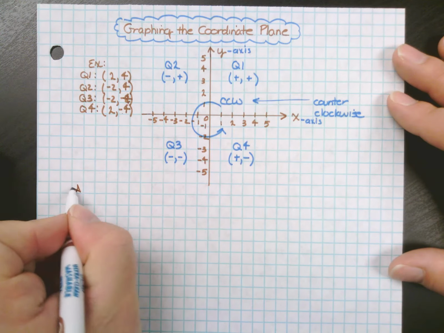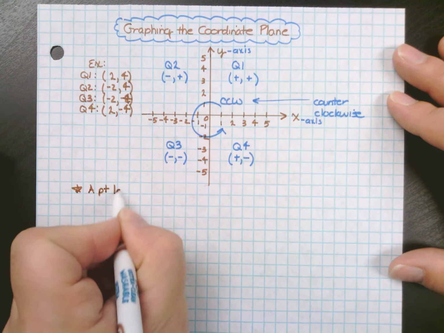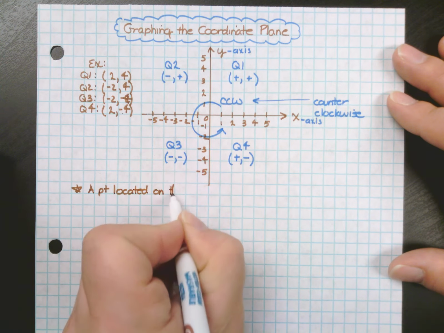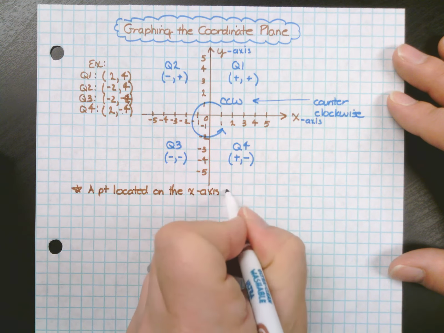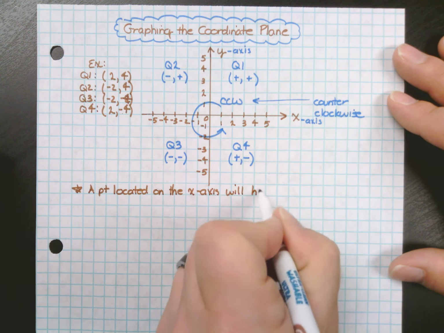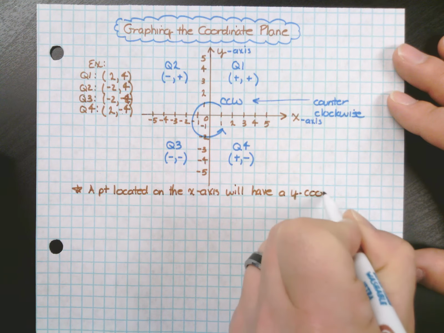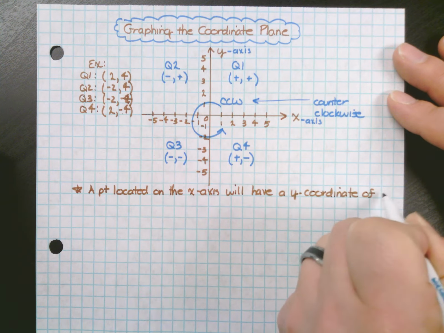So a couple key points. A point located on the x-axis will have a y-coordinate of 0.